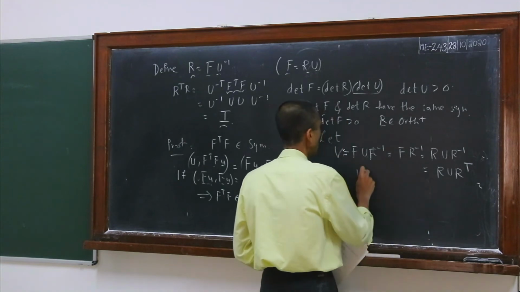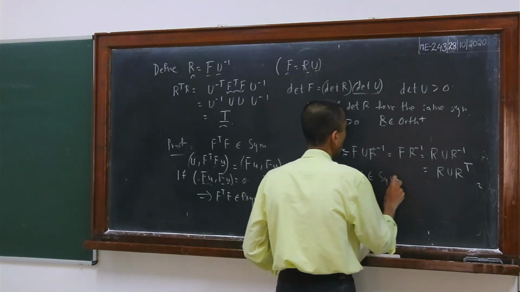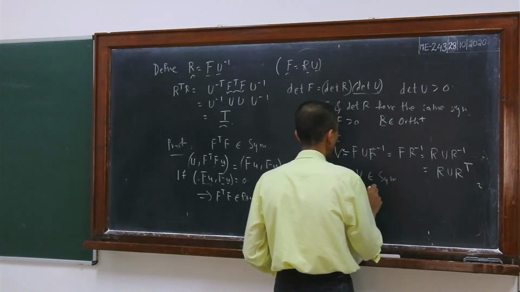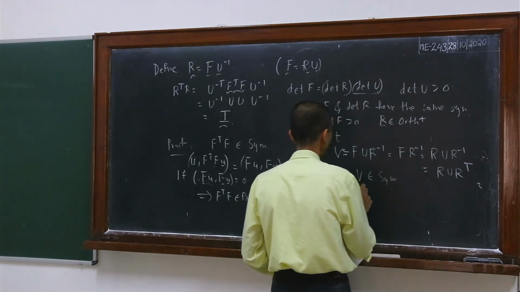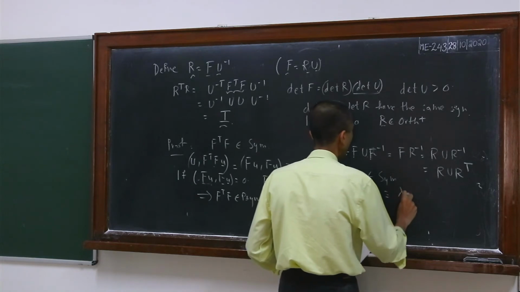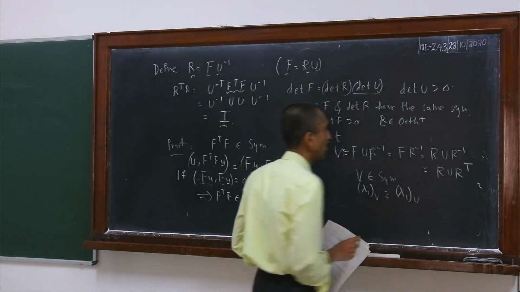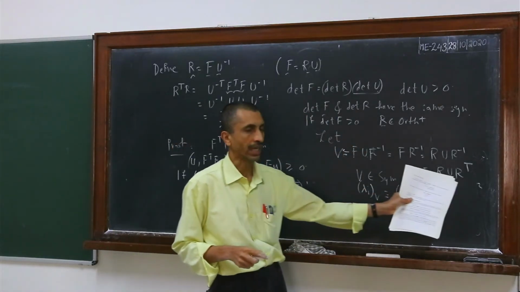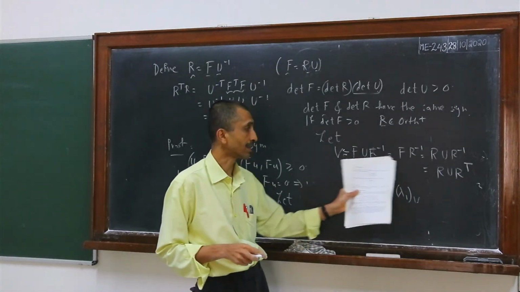So V belongs to Sym. The eigenvalues lambda i of V are the same as lambda i of U because they are orthogonally equivalent; they have the same characteristic equation.